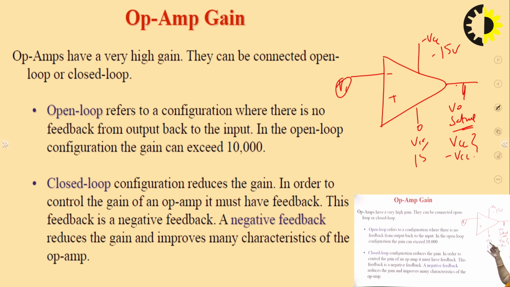If we have applied 15 volt as a supply to the op-amp, the output will be at the saturation level, that will be 15 volt. So in open loop configuration, we cannot use the op-amp as an amplifier, because the gain of the op-amp is fixed, that is infinite. The output is not flexible. We cannot change the output. It will always be at the saturation level.